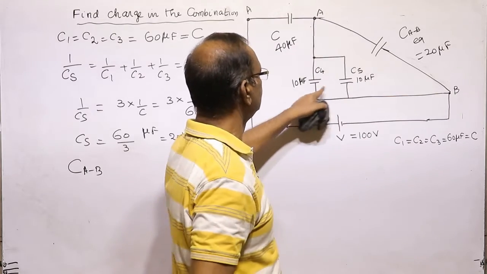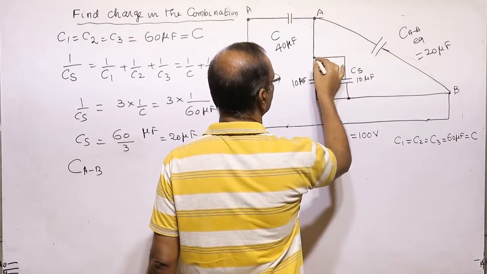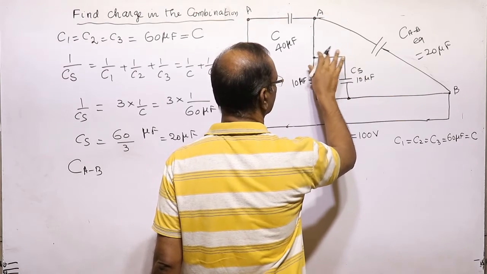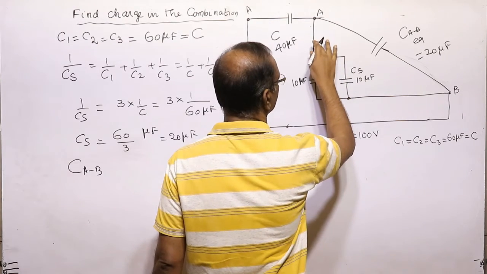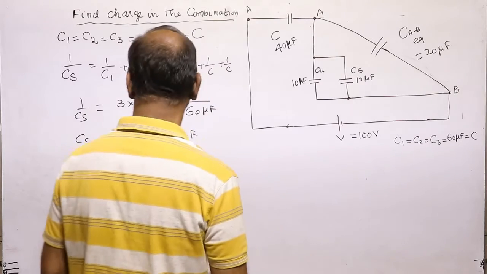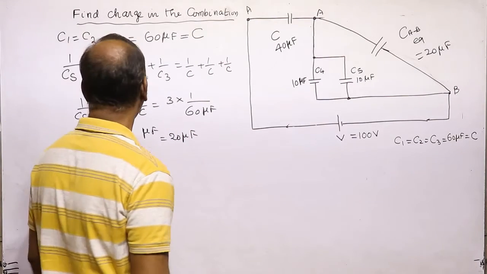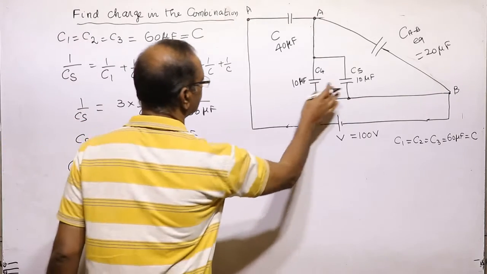Now, this and this are parallel. How to recognize a parallel? If the charge is distributed, the charge is split. See, if Q is the charge, here Q1 will go, here Q2 will go, there is a split. It means whenever there is a split, that is a parallel circuit. For parallel, this is 10, this is 10.